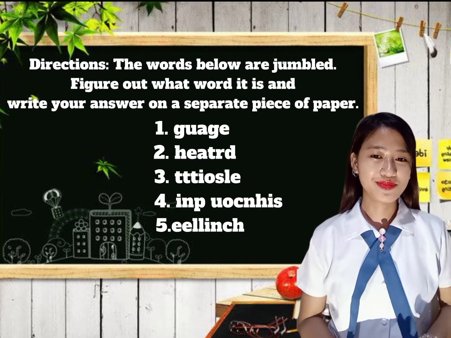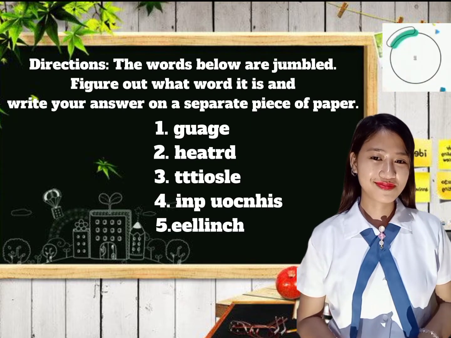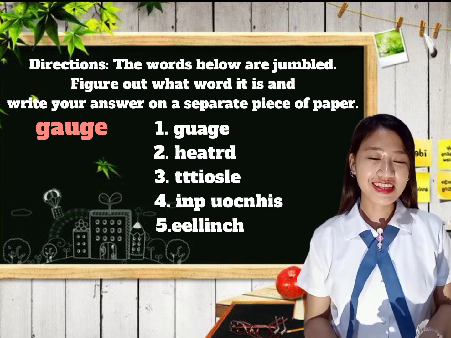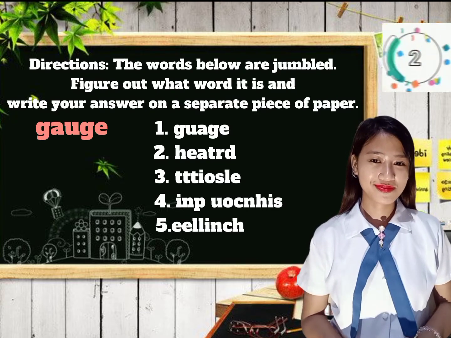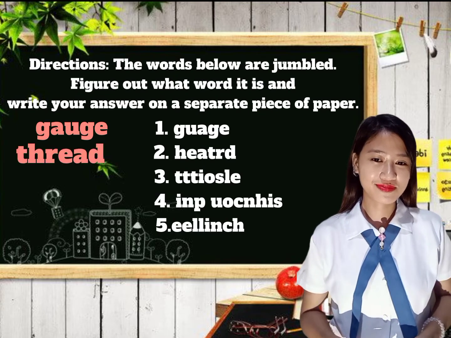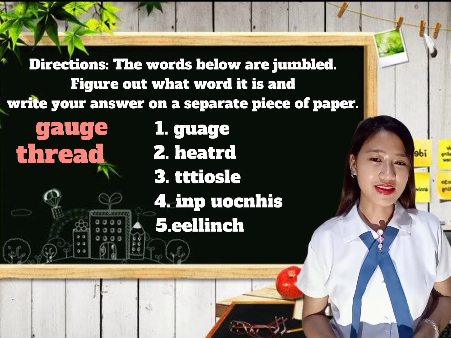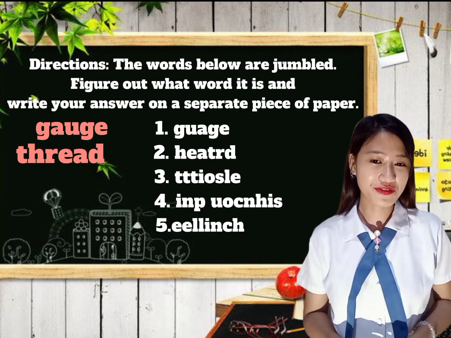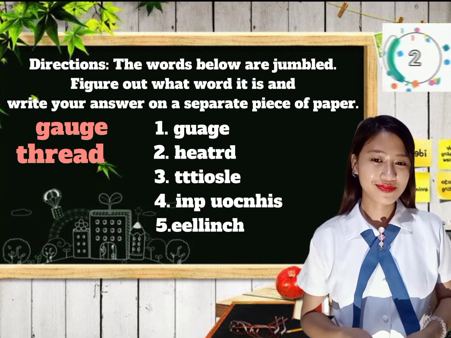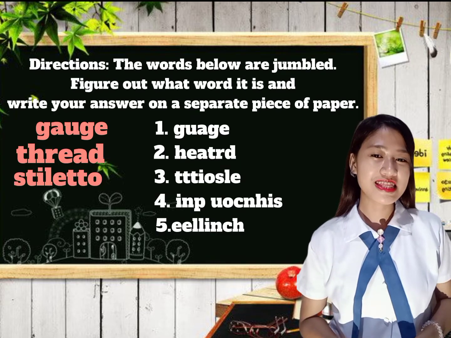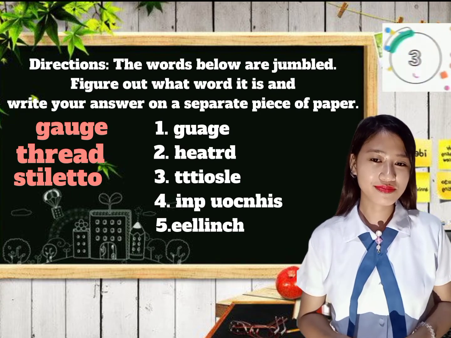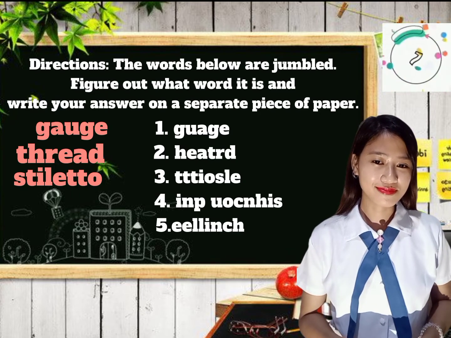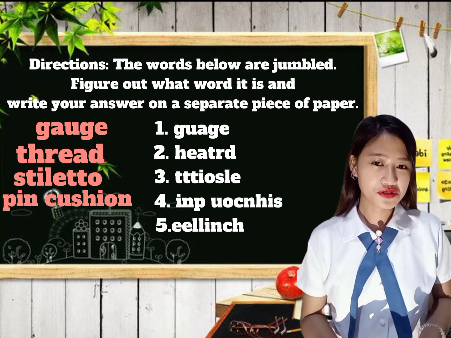Number 1. That is gauge, correct? Number 2. That is thread, correct? Number 3. That is stiletto, correct? Number 4. Pin cushion.